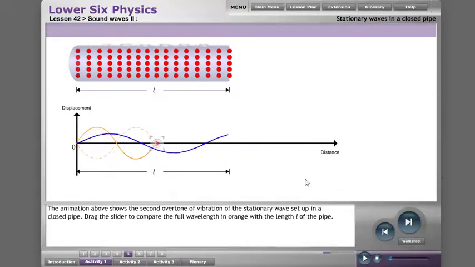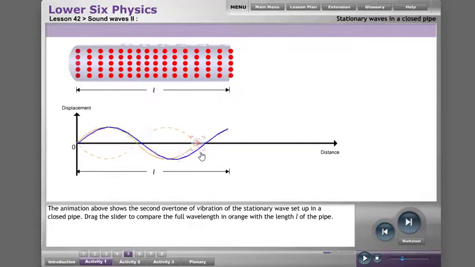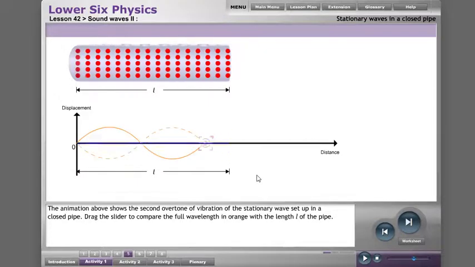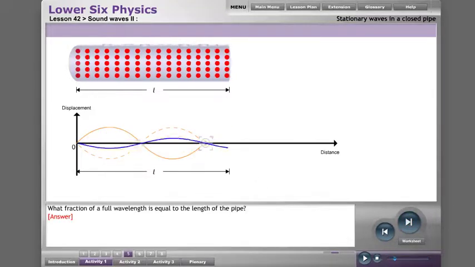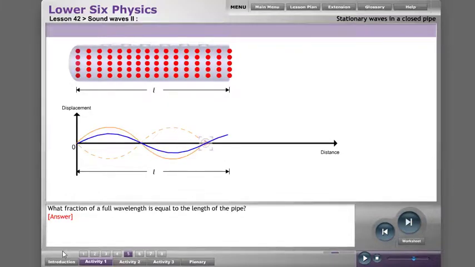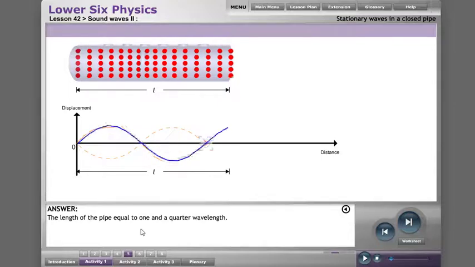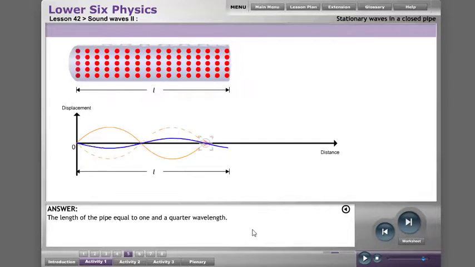The animation above shows the second overtone of vibration of the stationary wave set up in a closed pipe. Drag the slider to compare the full wavelength in orange with the length L of the pipe. What fraction of a full wavelength is equal to the length of the pipe? Answer: the length of the pipe is equal to 1 1/4 wavelength.